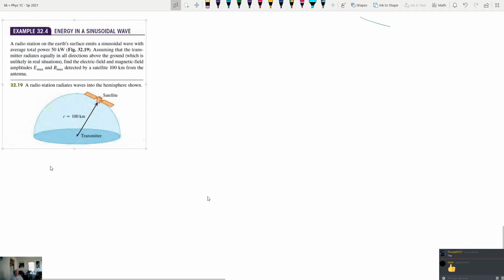What we're given here is an average total power output coming from the transmitter equal to 50 kilowatts, and we want to find the electric and magnetic field amplitudes detected by a satellite 100 kilometers away.